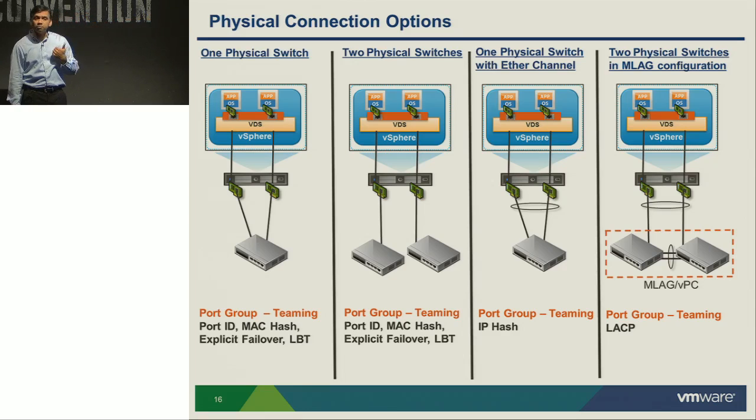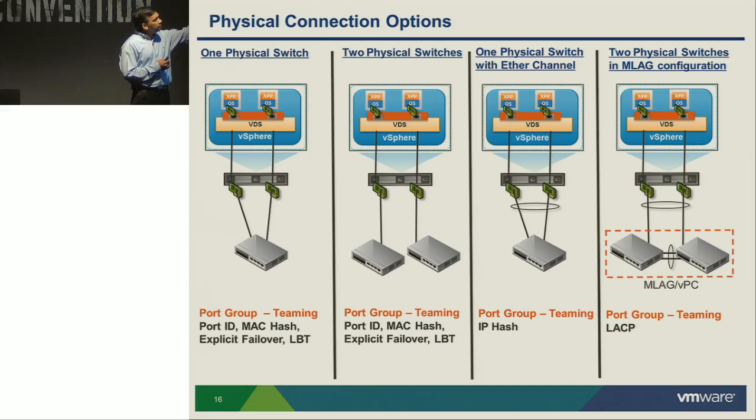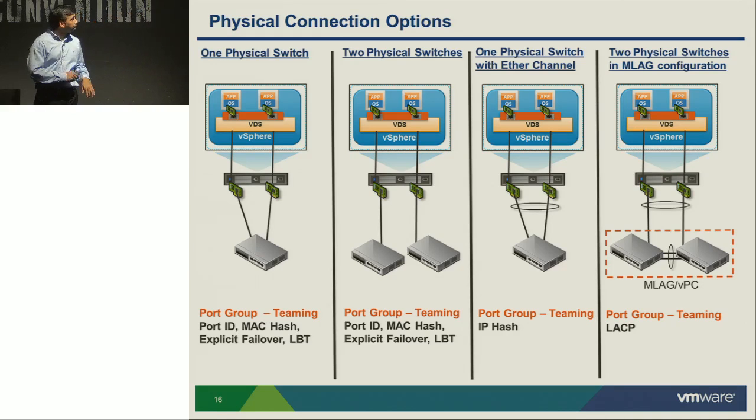But you have the option of LACP as well. As Dan mentioned, the advantage of LACP is that if you misconfigure the connection between the physical switch ports, it can be detected automatically, because now the distributed switch is communicating with the physical switch and negotiating that. And if there is some misconfiguration, we detect that and then make sure that your traffic flows accordingly.